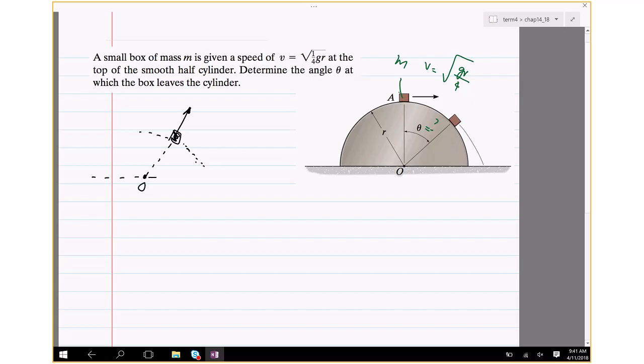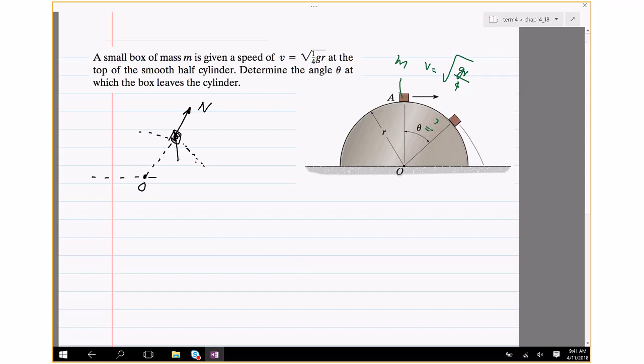So the normal force always passes through the center of the circle. That's a property of a circle, which is the normal always passes through the center. Okay. So gravity is there because you can see the velocity is a function of gravity.